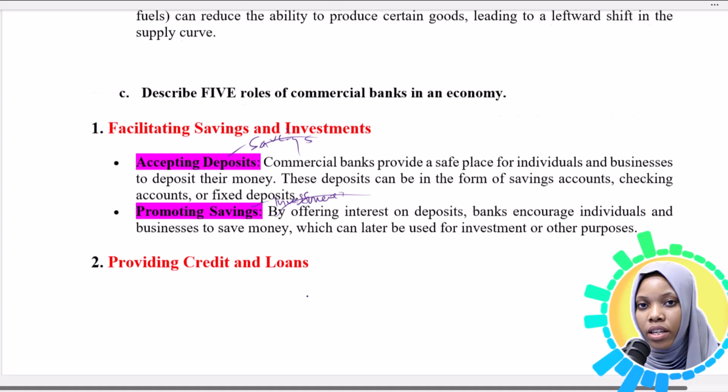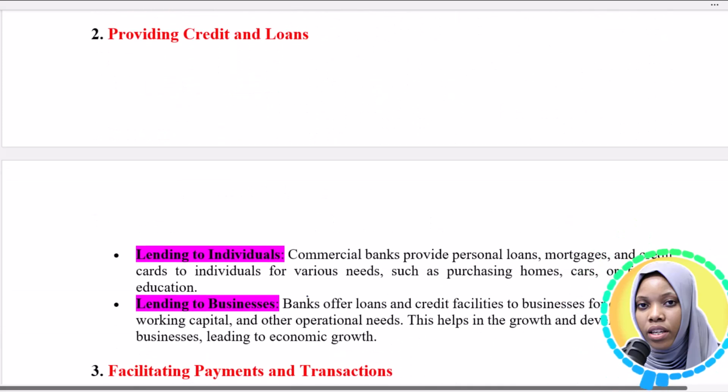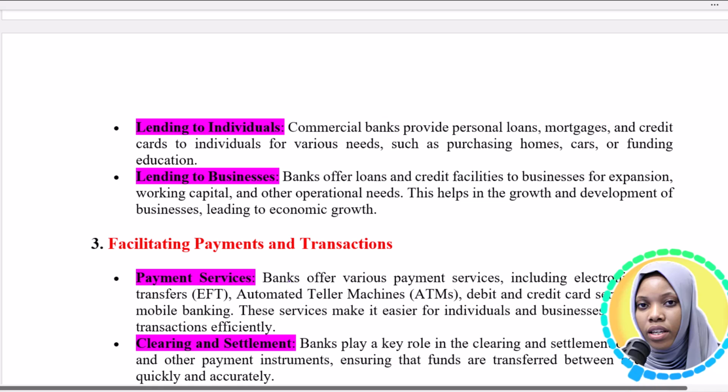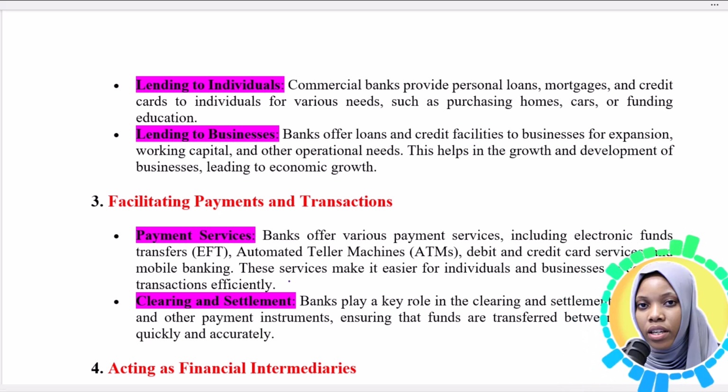Another role of the commercial bank is to provide credit and loans to individuals and to businesses. Another role is facilitating payments and transactions. How? Banks offer various payment services, including electronic fund transfers, automated teller machines, debit and credit card services, and mobile banking.